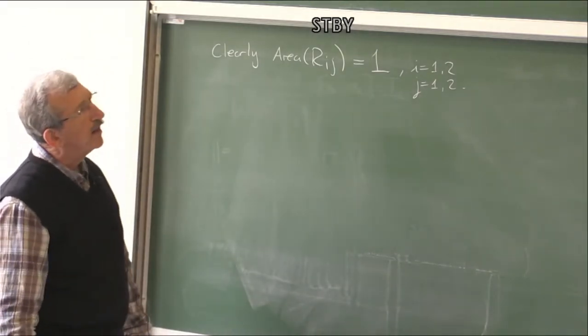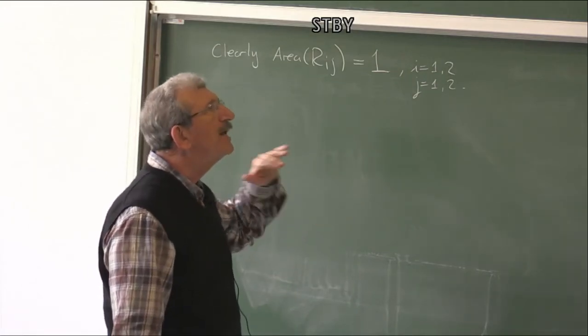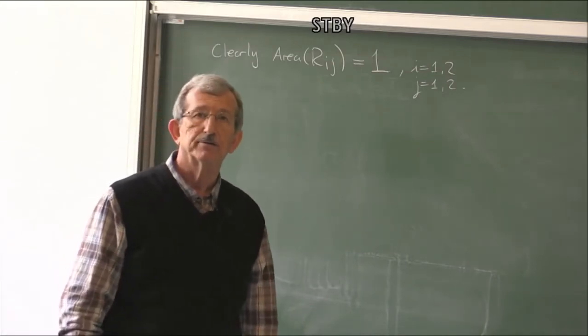Now for the lower Riemann sum, I need the minimum values of f on each of these 4 pieces.